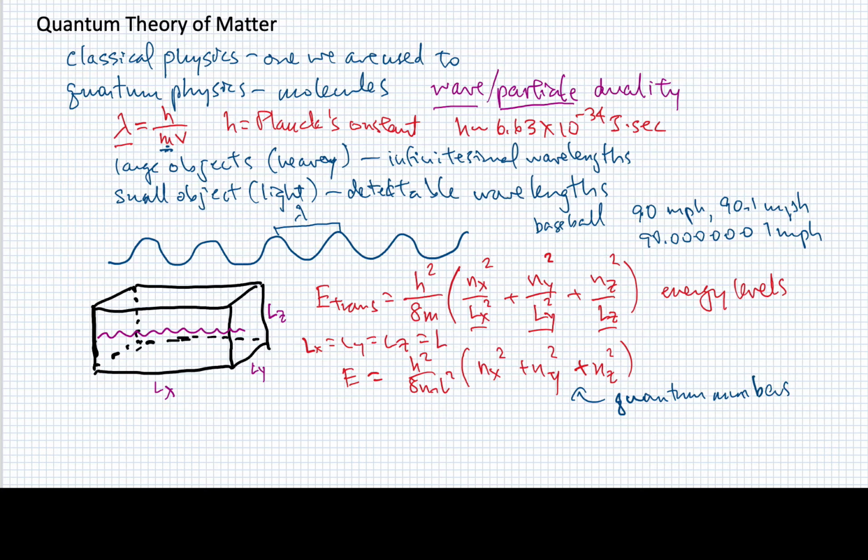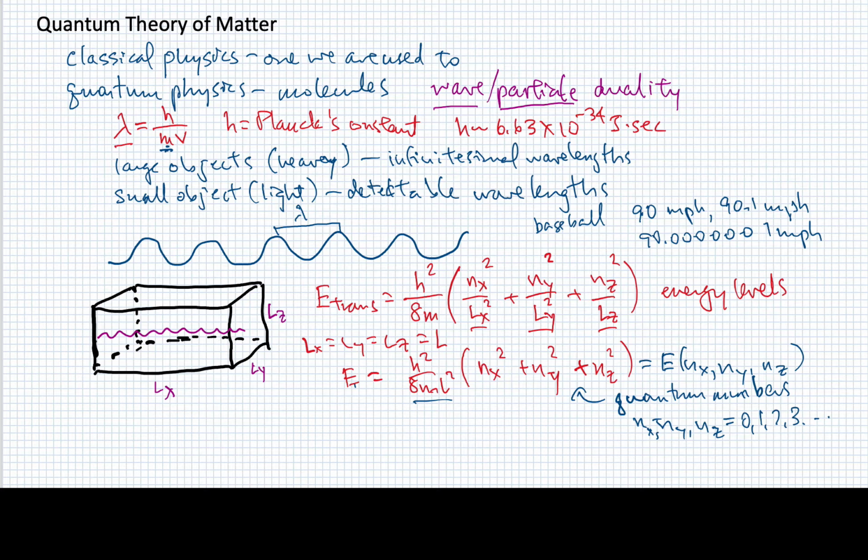But these quantum numbers can take on any value. So nx, ny, nz can take on any value, 0, 1, 2, 3, and so forth. And because it can take on any of those values, that means I have a whole bunch of energy levels in this box.